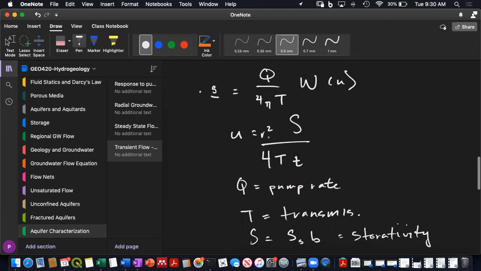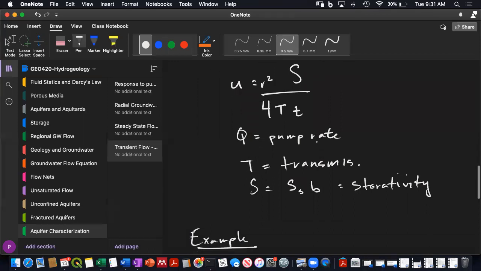So this would be meters squared. This is unitless. For transmissivity, meters squared per day is this unit, and then T is the days. That's good conversion in your head. You must be Canadian.